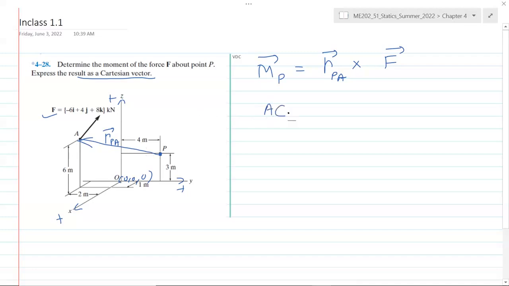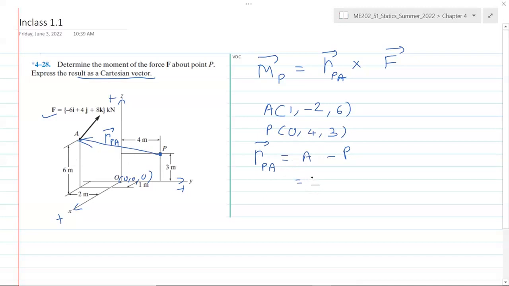Coordinates of point A: 1, -2, 6. Coordinates of point P: 0, 4, 3. So the position vector going from P to A is the coordinates of A minus the coordinates of P. It's always head minus tail.